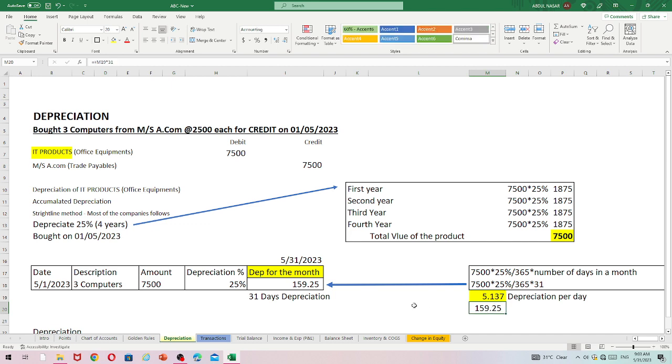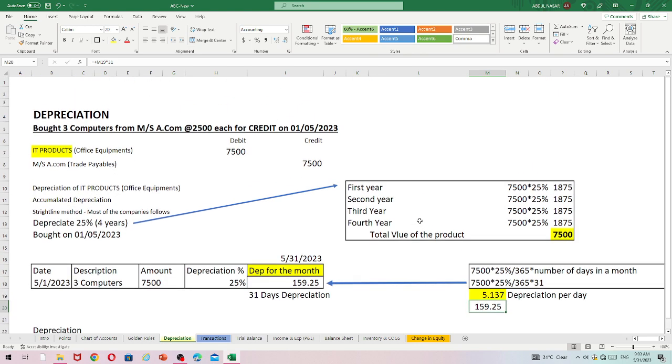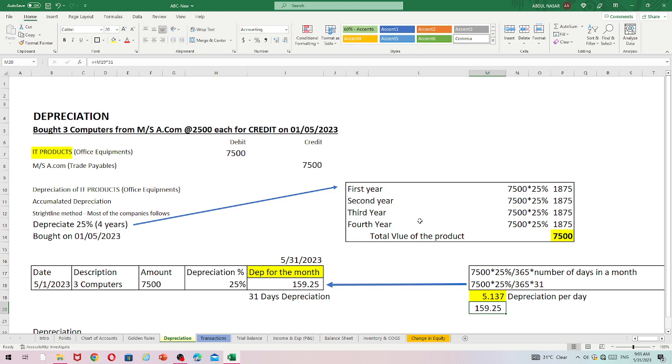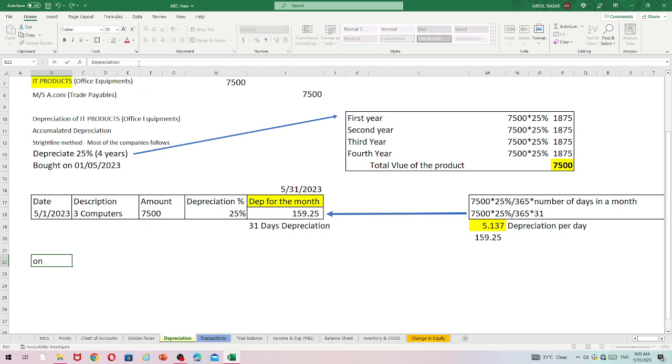So in May, 159.25 US dollars is the value of using those computers for 1 month. So we need to create an account called depreciation account in the profit and loss account, right?